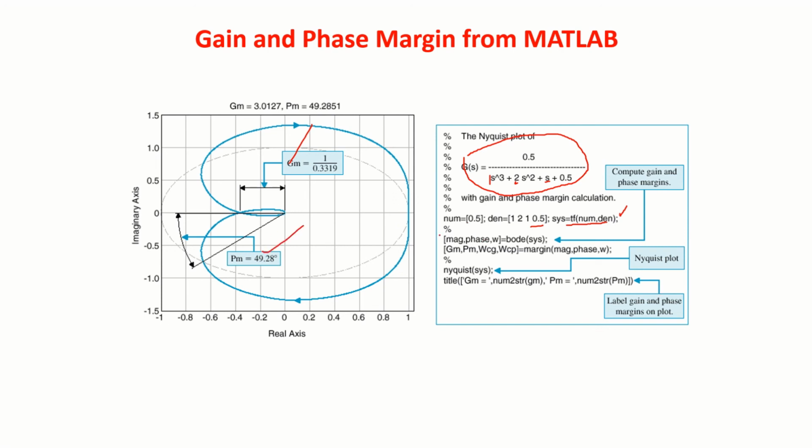So we are using the Bode function to calculate the gain margin and phase margin, and then transferring it to the Nyquist plot for the transfer function. So you can find the gain margin, phase margin and all that. This is the gain margin. This is a circle of unit radius. This is the Nyquist plot. Then this is the phase margin. That's how we can find the system stability and relative stability in Nyquist plots.